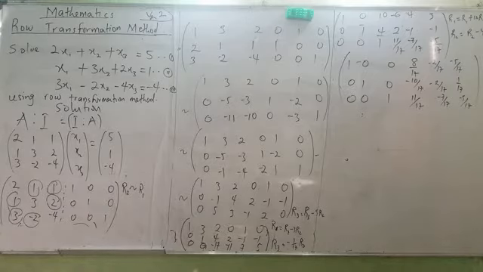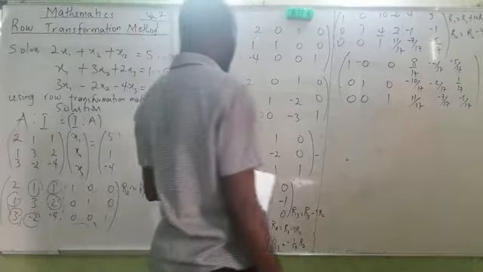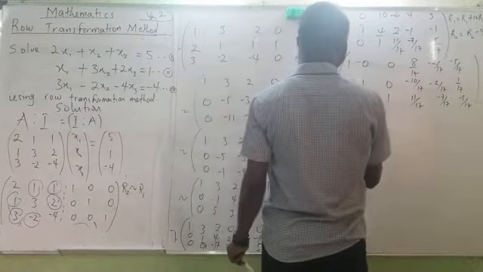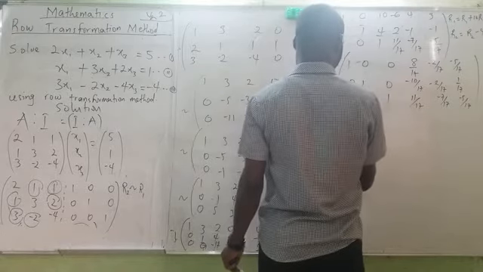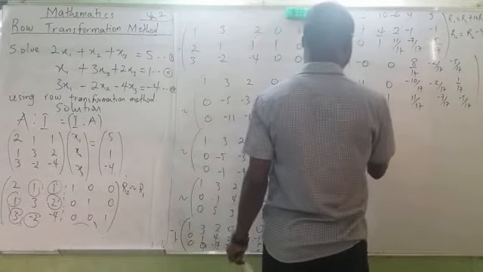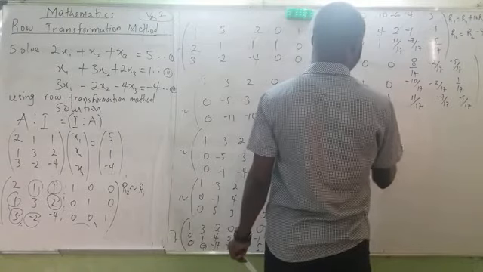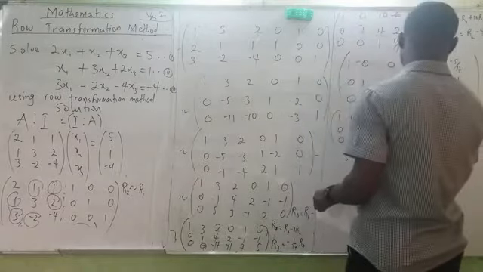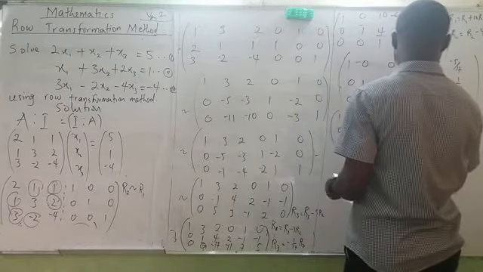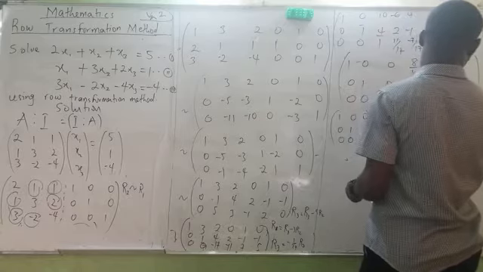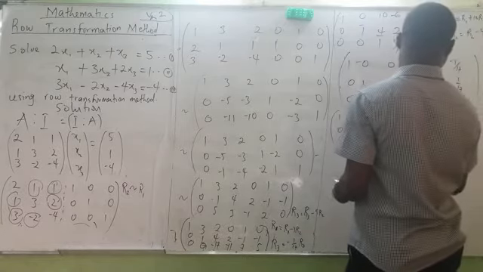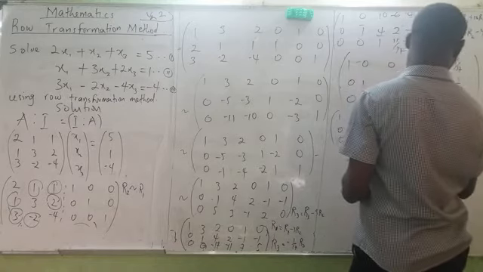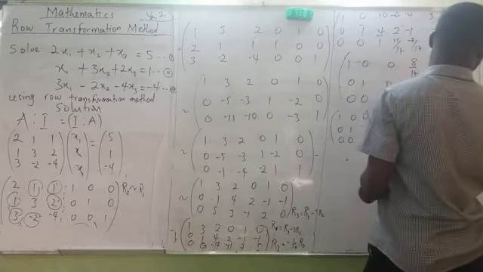Now, since I have that, don't forget that I can write this as 1, 0, 0, 0, 1, 0, 0, 0, 1 of x1, x2, x3, which will be equals to 1 all over 17 bracket of 8, minus 2, minus 5, minus 10, minus 2, 1, 11, minus 7, minus 5.